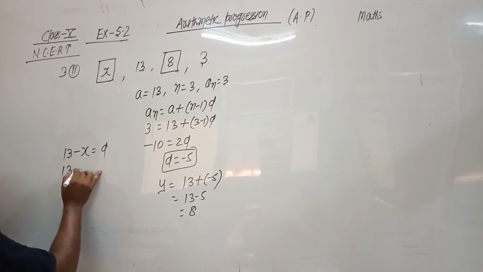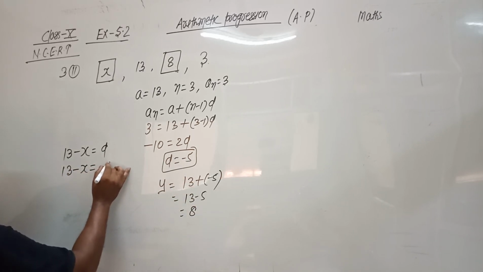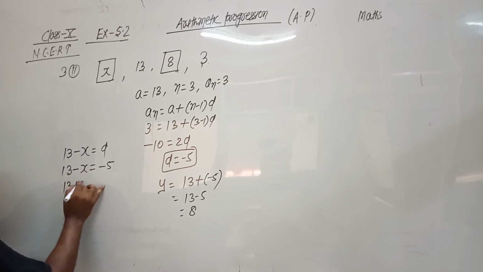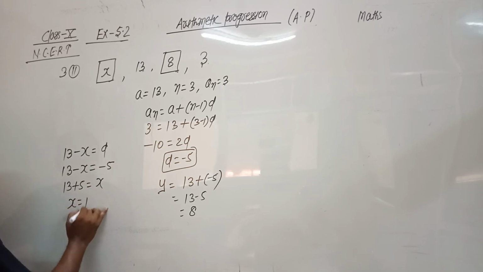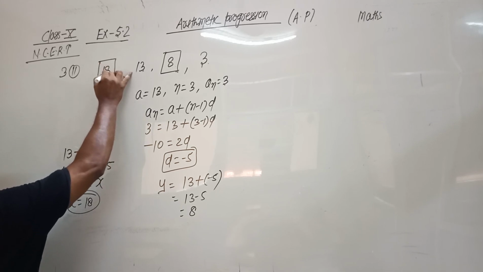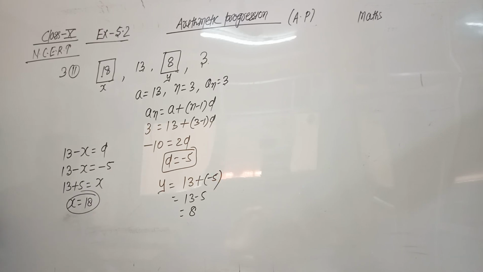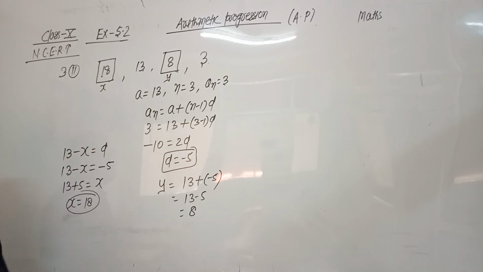So 13 minus x, and the common difference is -5. So -5 will go on the left side. So 13 plus 5 equals minus x will go on the right side. x equals 18. So we get the value of x as 18. This was x and this was y. So this is the way to do. We get both the terms 18 and 8.